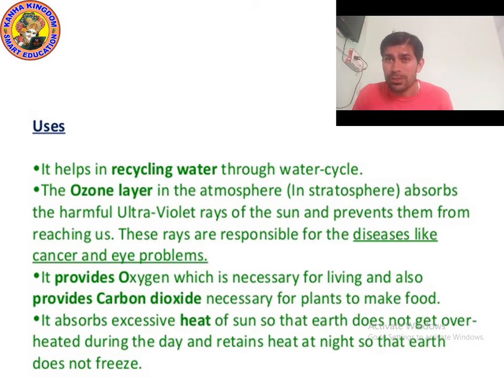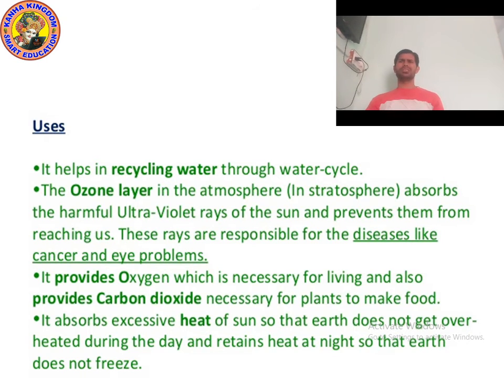When sunlight falls on our body, it can cause cancer, eye problems. But ozone layer protects us. But nowadays there is a hole in the ozone layer. That's why the ultraviolet rays are coming directly on the earth. That's why you have seen that in summer there is too much heat.